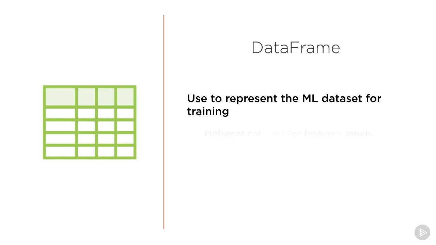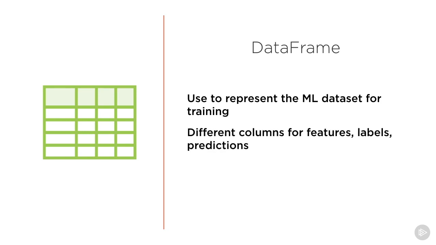There are different columns within the data frame that are used to represent the features that go into training our algorithms, the actual labels that correspond to our training data, and the predictions which are made by our ML algorithms. You'll see when we actually implement the ML models that all of these will be columns in a data frame.